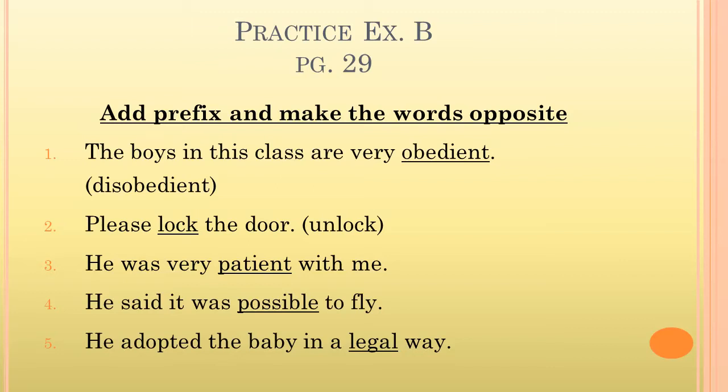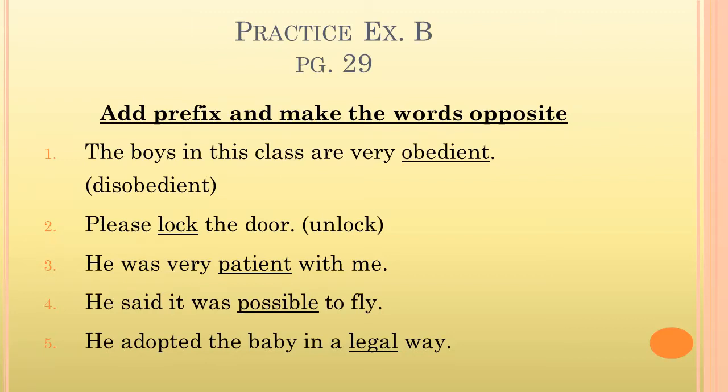He was very patient with me. So you can find the opposite of patient in the exercise. Let us understand. You can write it here in your book. He said it was possible to fly. Opposite of possible. Find it in the exercise.